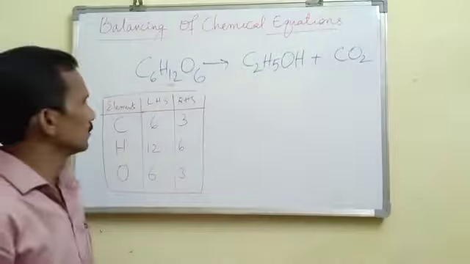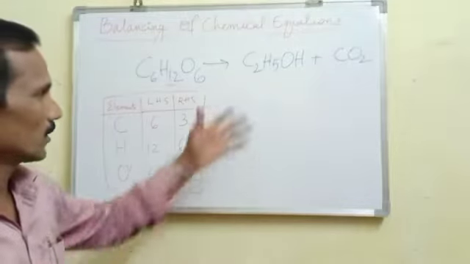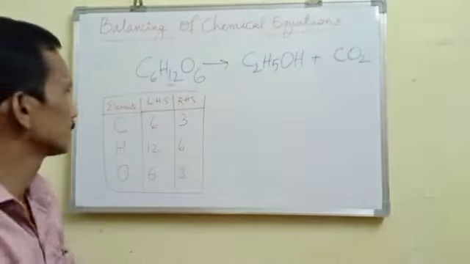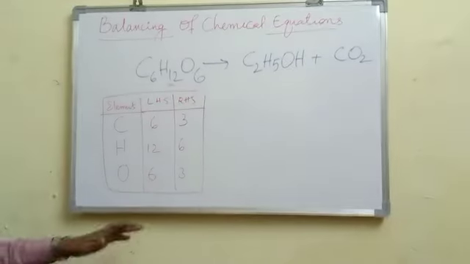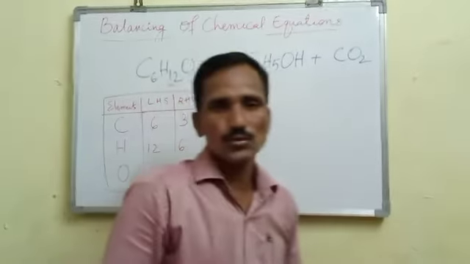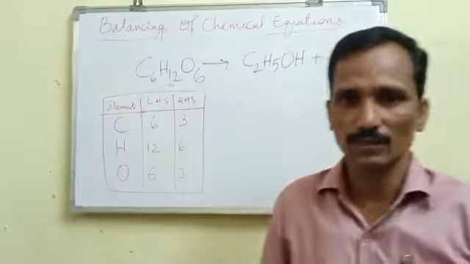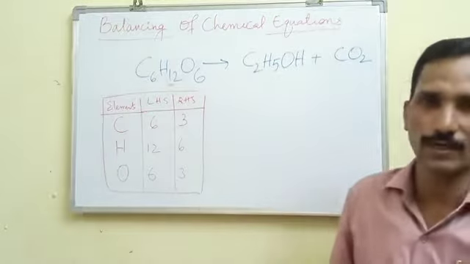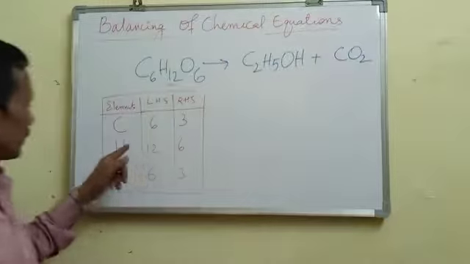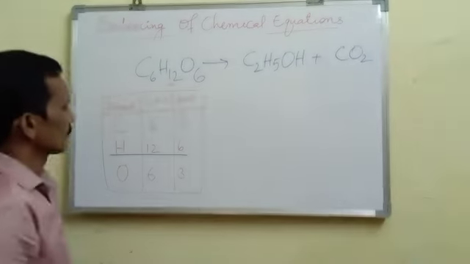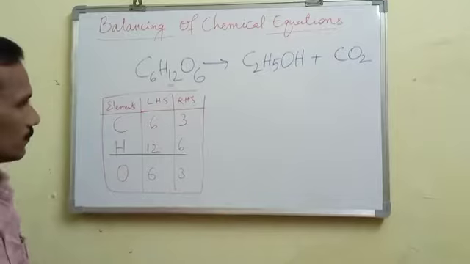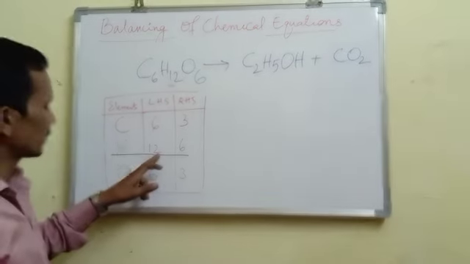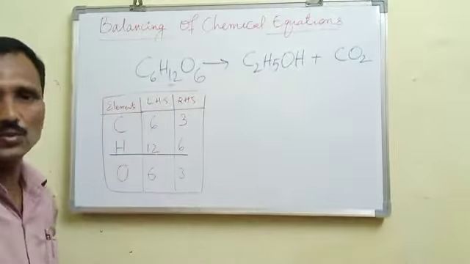Look at this example. This glucose converts into ethyl alcohol and carbon dioxide. Now what do we have to do first? We have to choose the more complex substance or the element which has more atoms. Here hydrogen has more atoms. First we balance that hydrogen. Here on the reactant side, the LHS side, how many hydrogens are there? 12.